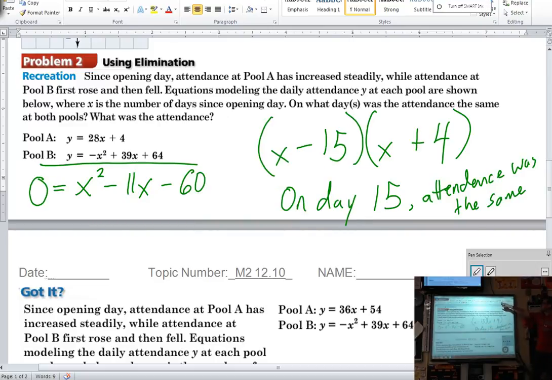So I'm kind of glad that we did that. The point of elimination is to only work with one variable. While it surprised me that it took us that long to realize we were doing the wrong thing, the point of elimination, I'm surprised that none of the rest of you remember that, is to work only with one variable.